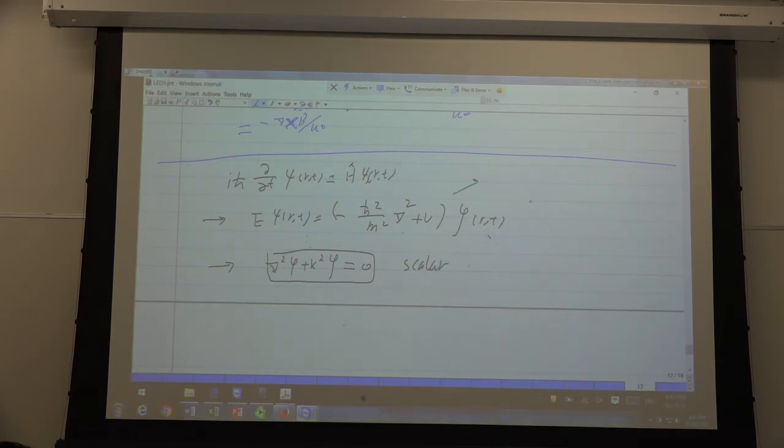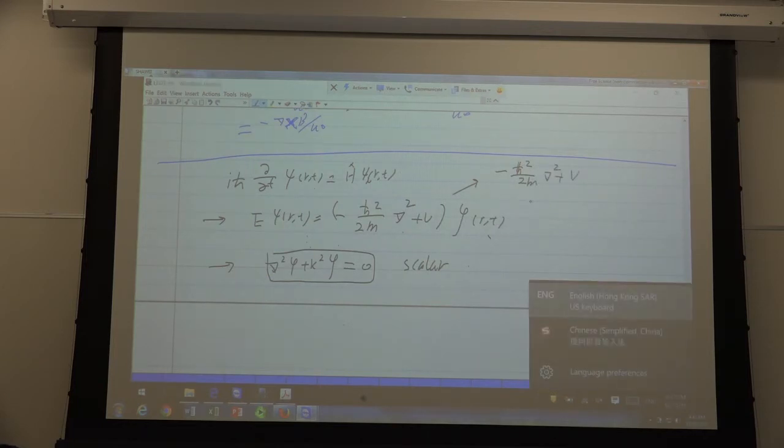So why could Schrodinger think about this? It's minus h bar squared over 2m Laplacian plus V, then minus E, equal to phi.